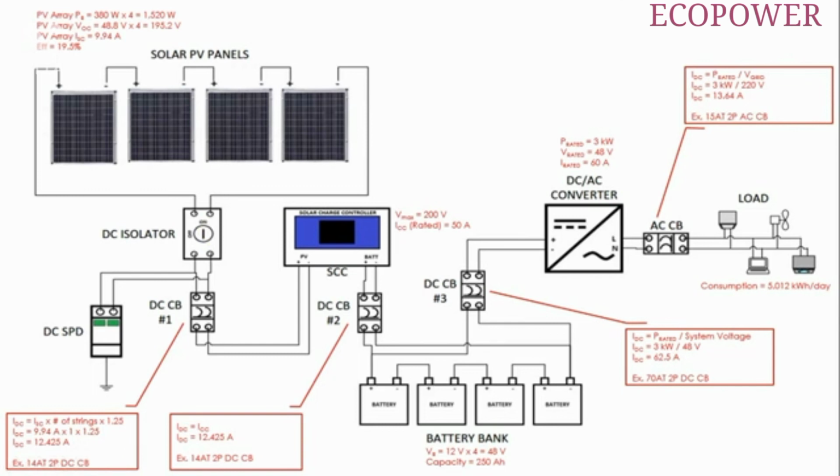In this case, this switch isolates our solar panels from the rest of the system. Next one is the DC SPD, or the surge protection device. This item protects your system from current surges by directing the surge current to flow to the ground instead of going to your equipment.